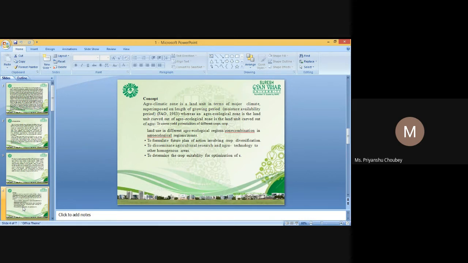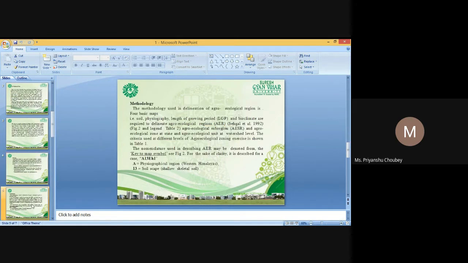So, to formulate a future plan of action involving crop diversification, to disseminate agriculture research and agro technology to other homogeneous areas, and to determine the crops suitable for the area to optimize.